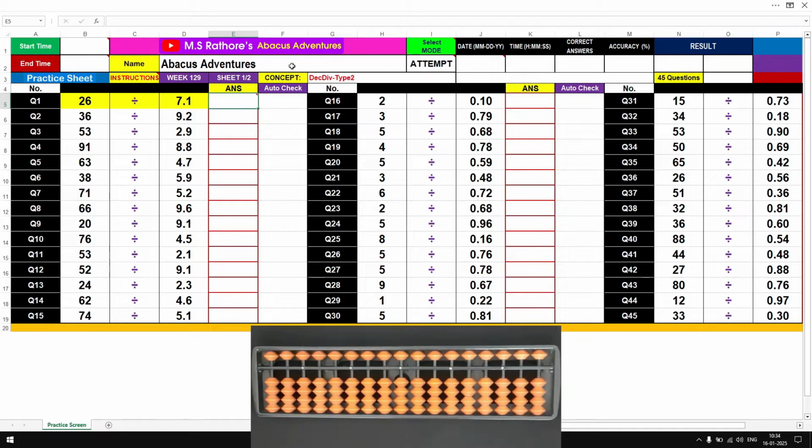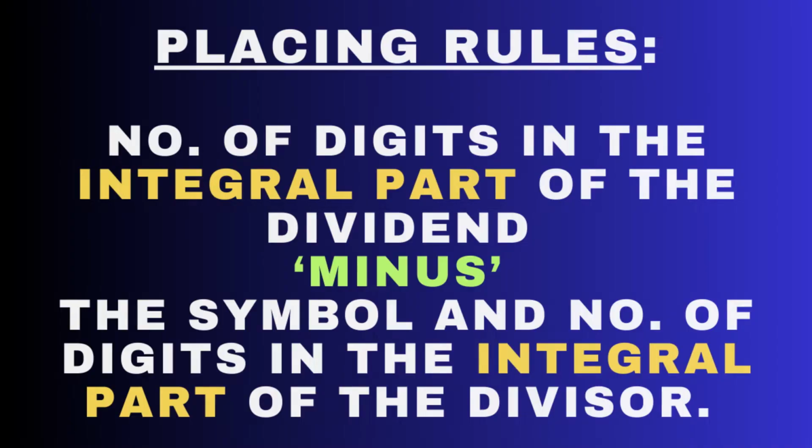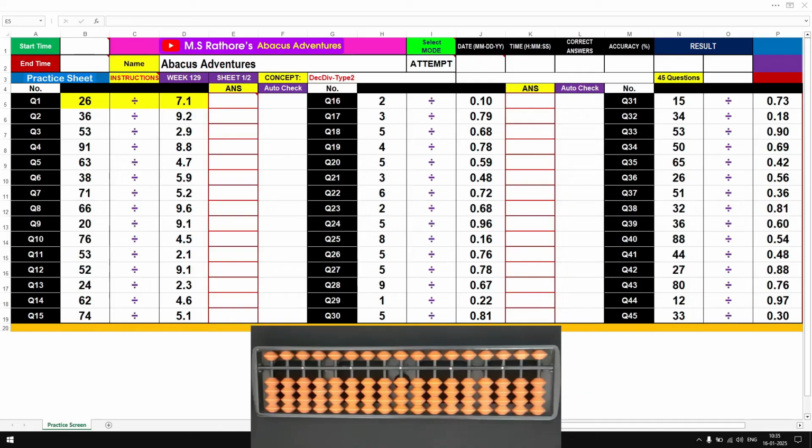Now, where to place the dividend from in this case? Let's look at some placing rules. Number of digits in the integral part of the dividend minus the symbol and number of digits in the integral part of the divisor. So in the first question, 26 divided by 7.1, 26, the dividend, has 2 digits, 2 and 6, minus the integral part of the divisor.